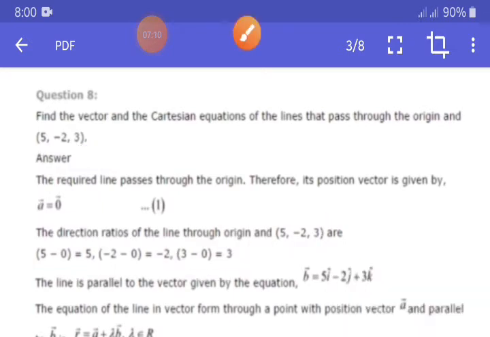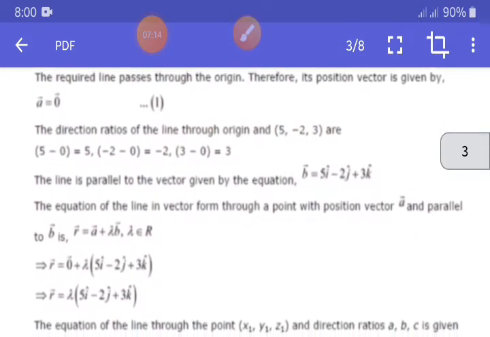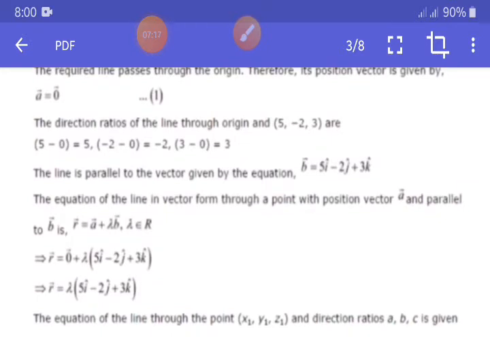The line is parallel to the vector b = 5i - 2j + 3k.